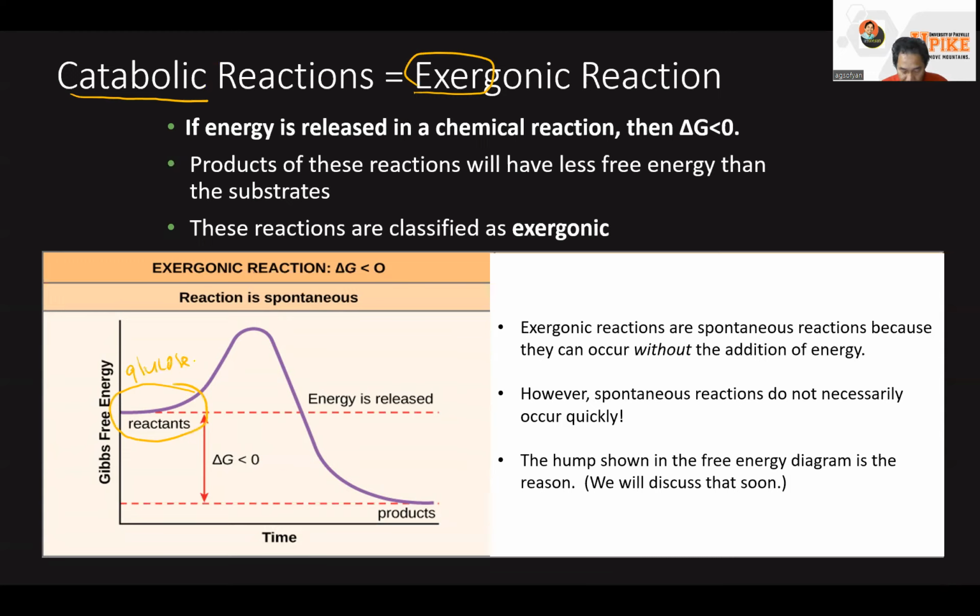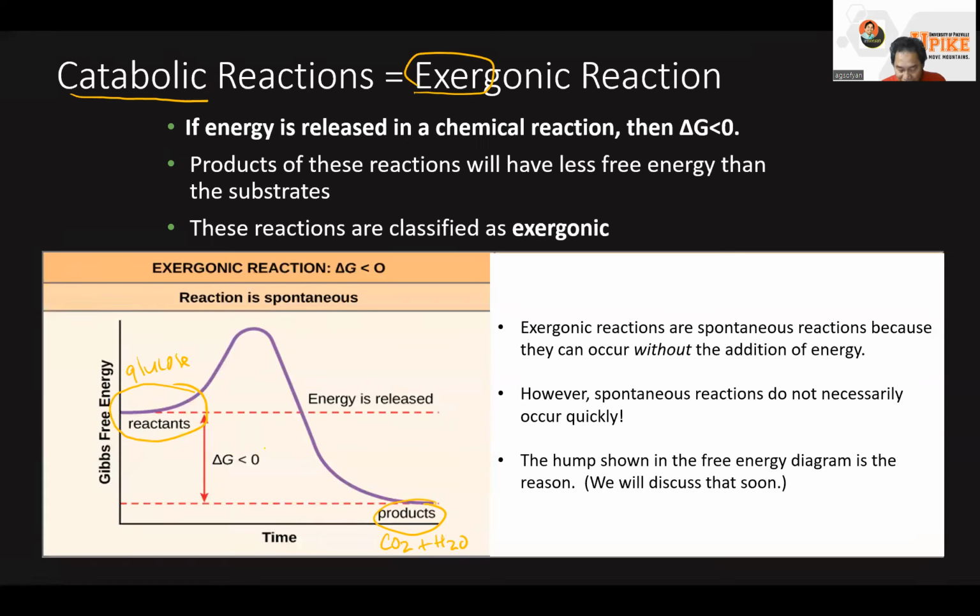When it is converted into products, in this case carbon dioxide and water, these will have less energy compared to the glucose, because glucose is a chemical energy, a storage energy, a lot of energy.